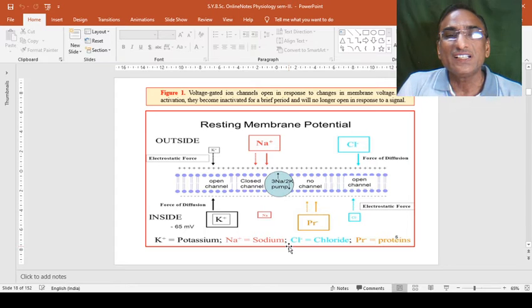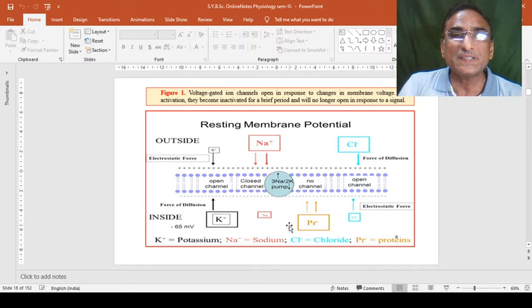Now we will see the whole diagram in detail about the potassium and sodium movements along with chloride ions, which are negatively charged, because potassium and sodium are positively charged ions. In this figure, we see voltage-gated ion channels.